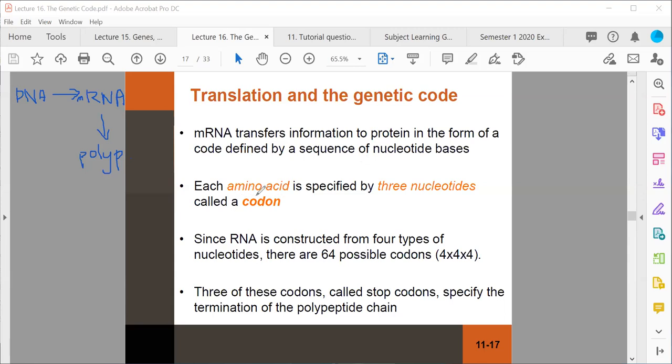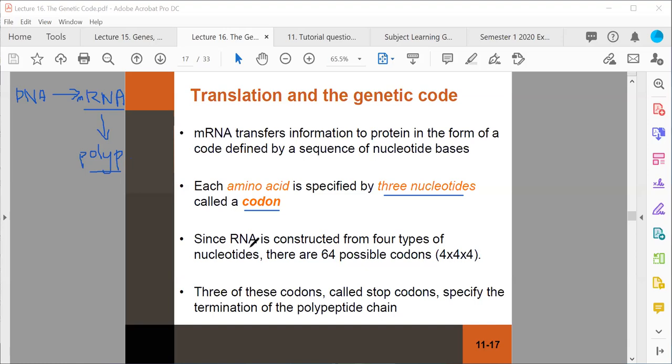Each amino acid that's going to be incorporated into a new polypeptide is determined by each 3 nucleotides in the messenger RNA molecule. And each run of 3 nucleotides is referred to as a codon. So this is where the code lies.